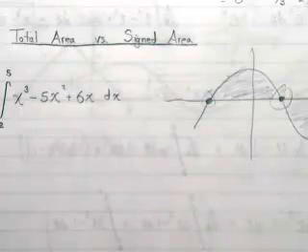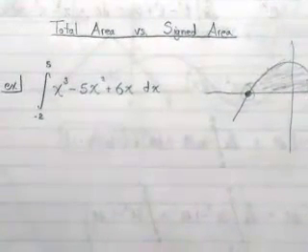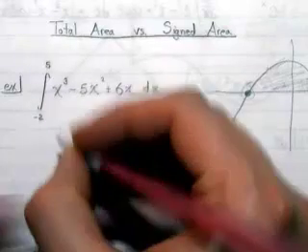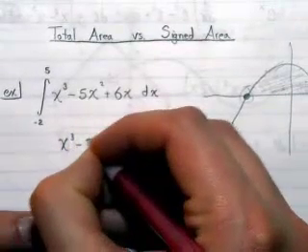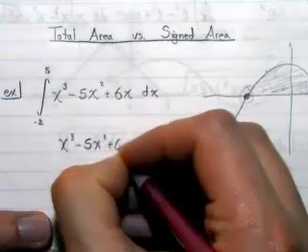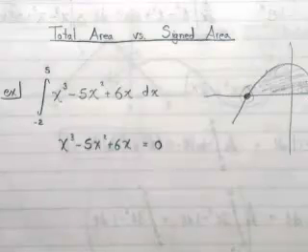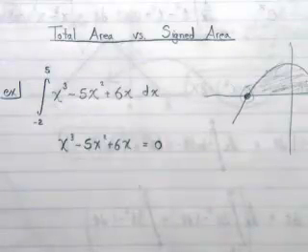So I need to take a look at this function before I even do an antiderivative or anything else. What are its zeros? Factor it, set it equal to 0, and then we've got it. So let's do x cubed minus 5x squared plus 6x equals 0. What would be a good first step in that factoring process? Yep, you can take out an x.